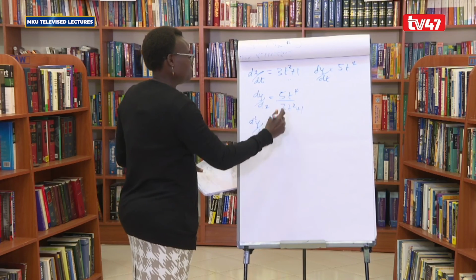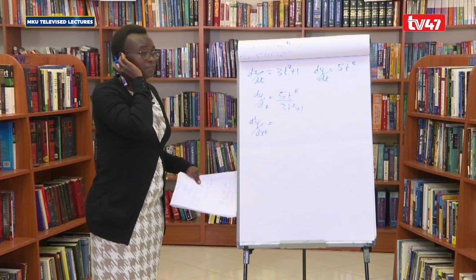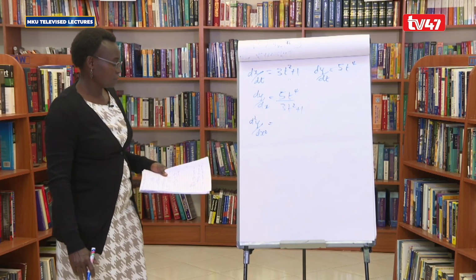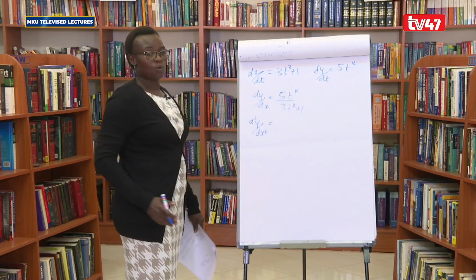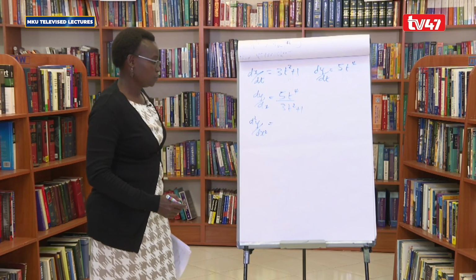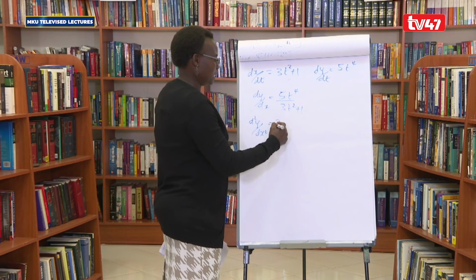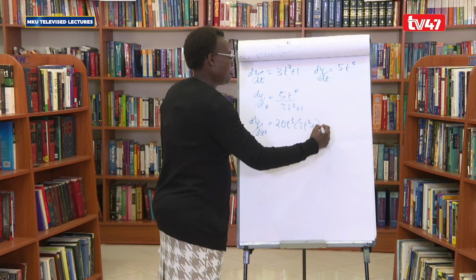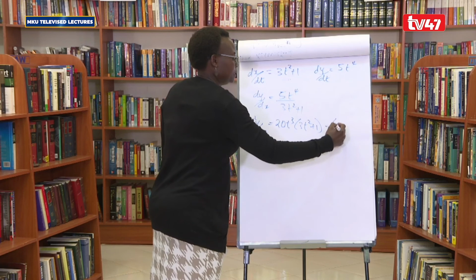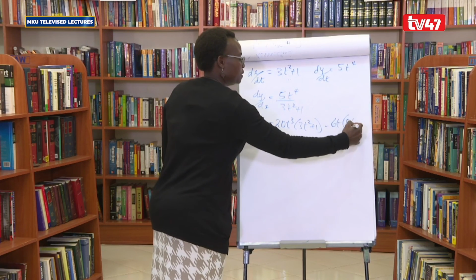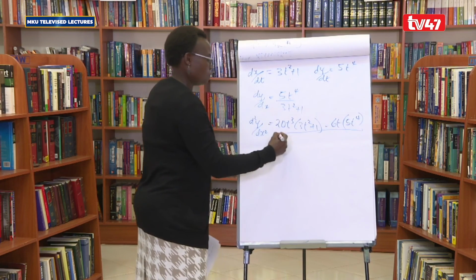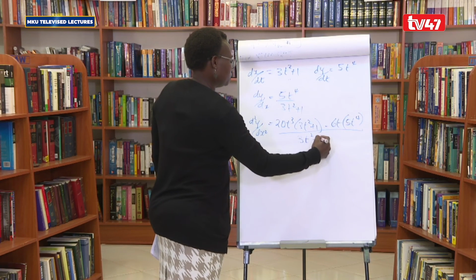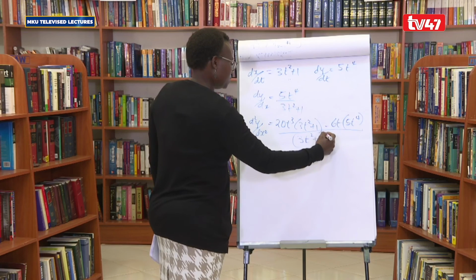Now the second derivative: we differentiate our first derivative and then we divide by dx over dt. This one is a quotient, so we use the quotient rule. That gives us 20t cubed into 3t squared plus 1 minus 6t into 5t raised to power 4, over 3t squared plus 1 squared.